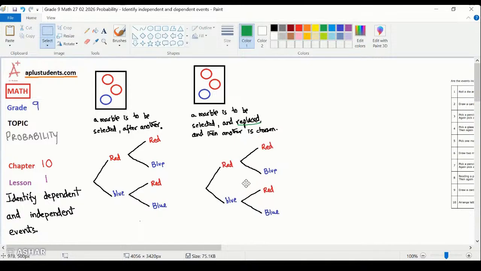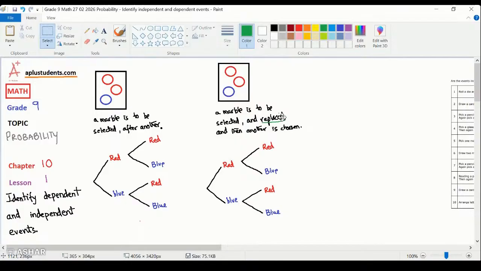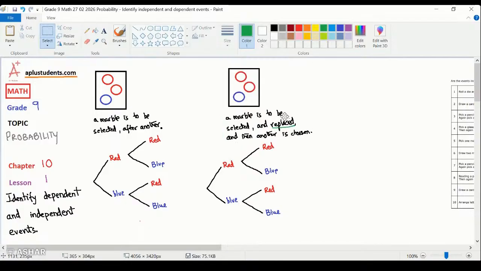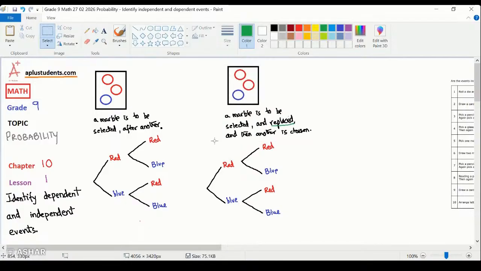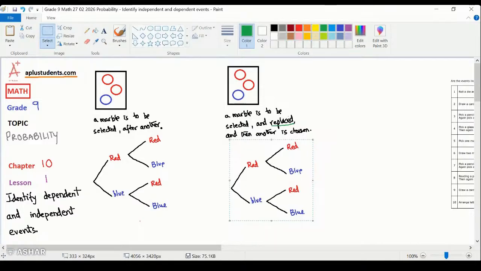Let's look at the scenario. What happens over here is, when the first marble was chosen in the first scenario, in the first case, we had 3 marbles in the bag. How many were reds? There were 2 reds and 1 blue.